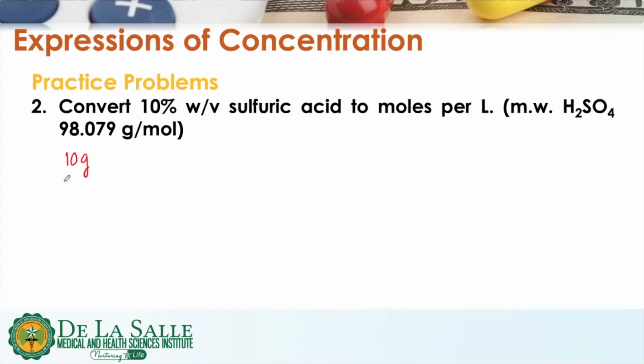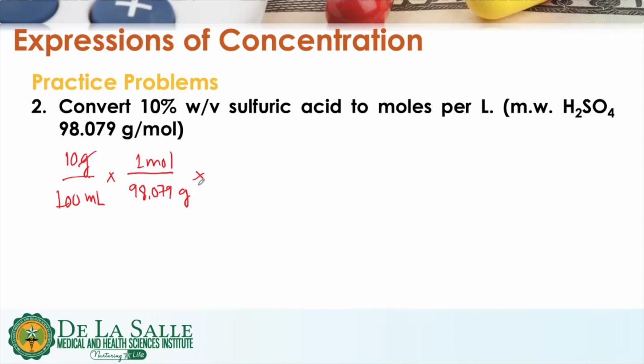So 10 grams per 100 milliliters is an expression that is equivalent to 10% weight in volume. Now we have grams here. So what we can do is we can cancel that out using the molecular weight of the sulfuric acid.